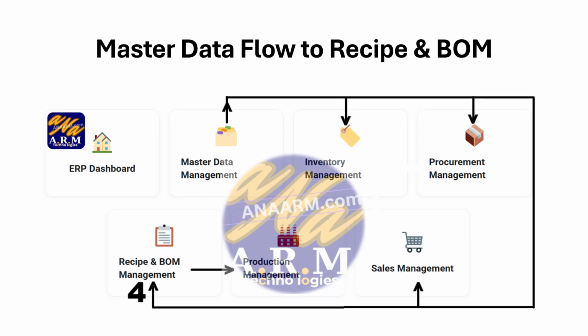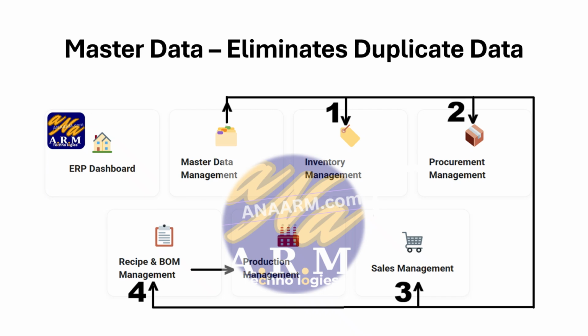Production relies on recipe and BOM and not directly on master data. What does this mean? It means that information is entered once and reused throughout the ERP. That improves consistency and eliminates duplicate data entry.